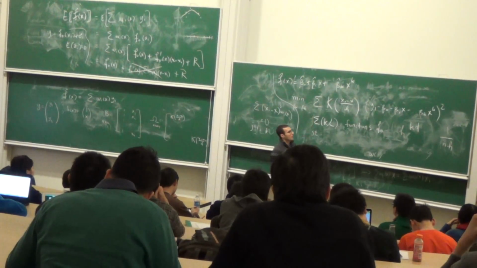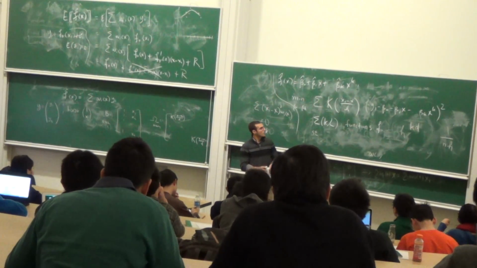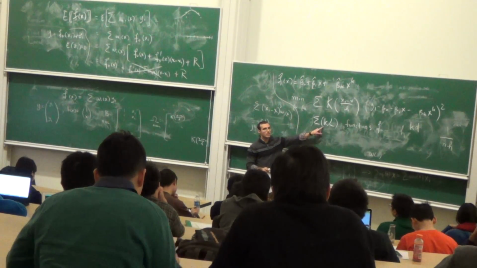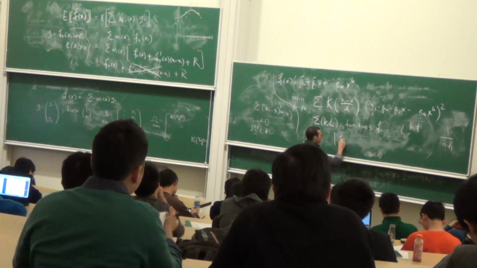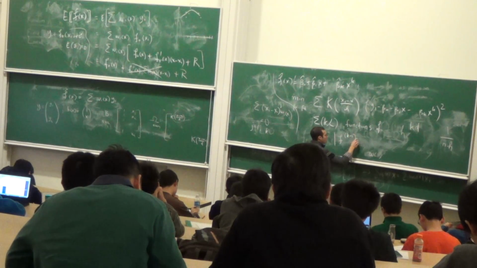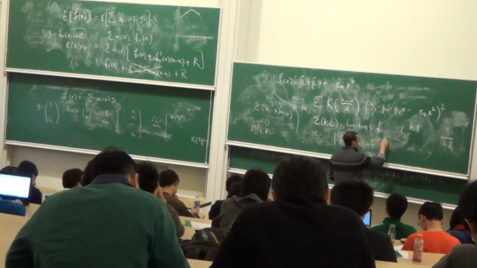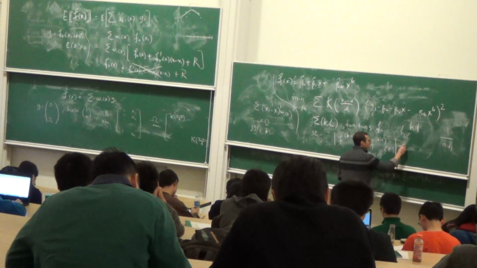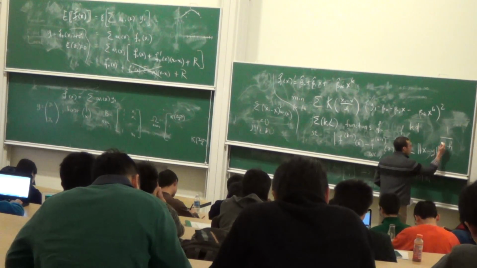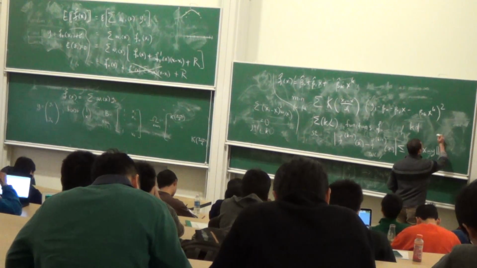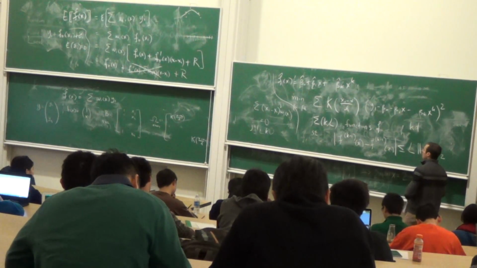These functions f are k minus 1 times differentiable, so it's 1 less than this index here, and their k minus first derivative is Lipschitz. That's the function class I'm considering.